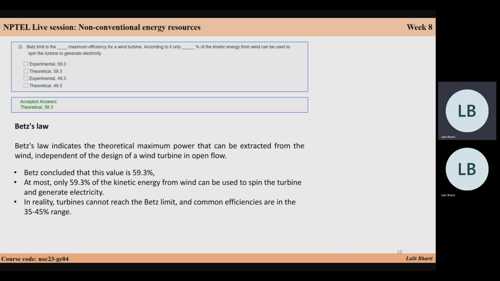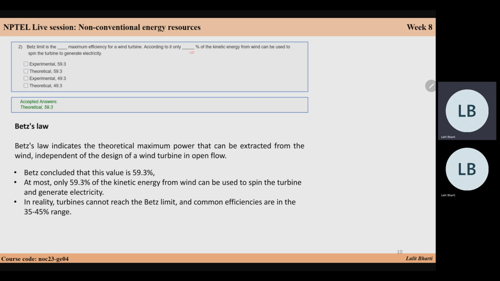Now we'll see the second question. This is again related to Betz's law. It says that the Betz limit is the maximum efficiency for a wind turbine. According to it, only a certain percent of the kinetic energy from wind can be used to spin the turbine to generate electricity.